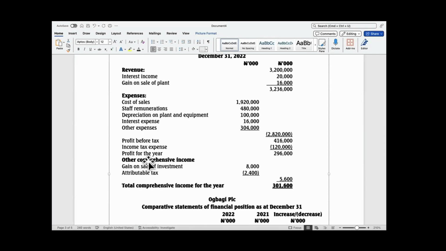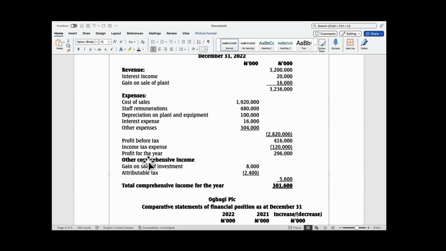Ordinarily, if this finance income had been after operating profit, then it shows that it's a one-off item for them and not something they do as part of their major source of revenue. So interest income often should go to investment activities, but in this case, I can easily put it as part of my operations.